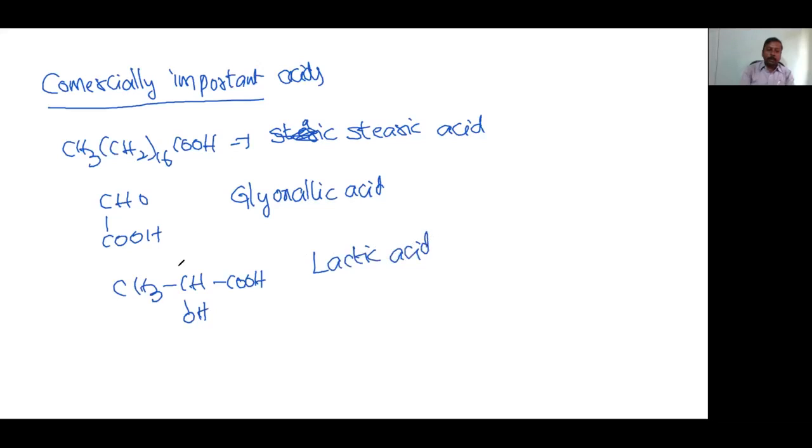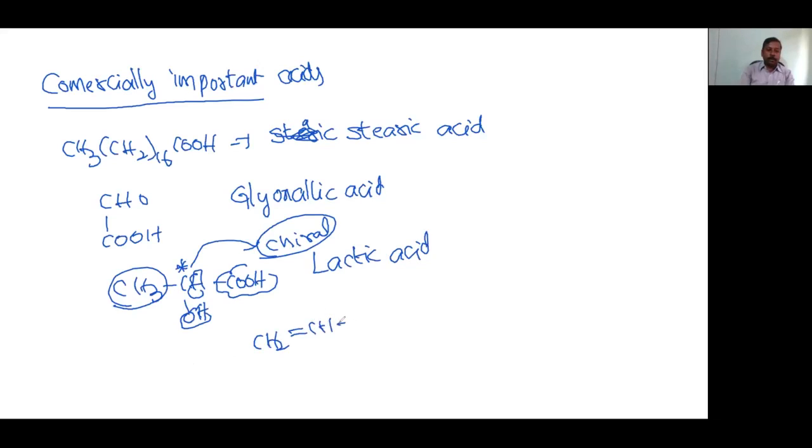And in lactic acid, the main importance is of this carbon. This carbon is the chiral carbon. On the chiral carbon, one side it is COOH, another side it is H, another side it is OH, and one side it is CH3. Okay, lactic acid. Then acrylic acid, CH2 double bond CH single bond COOH.